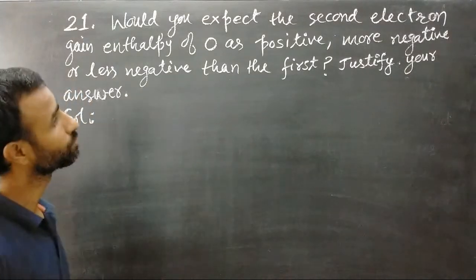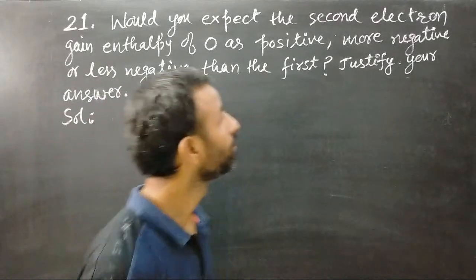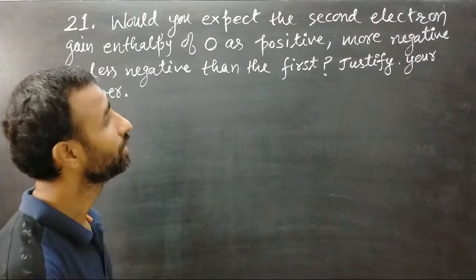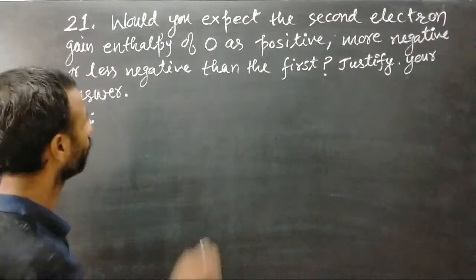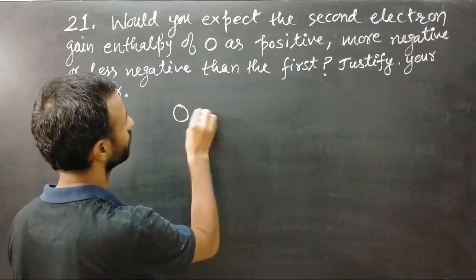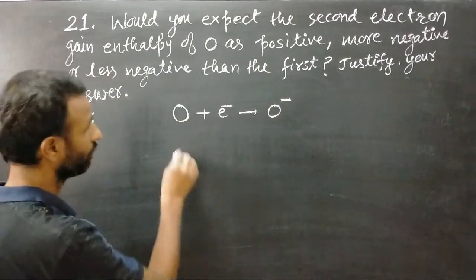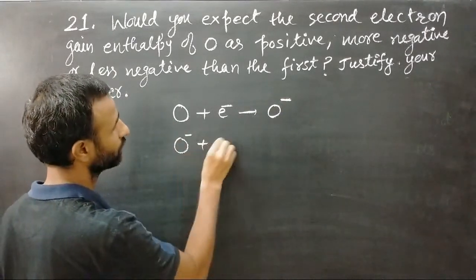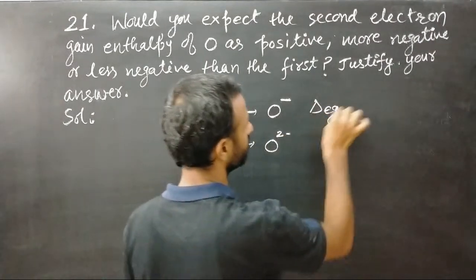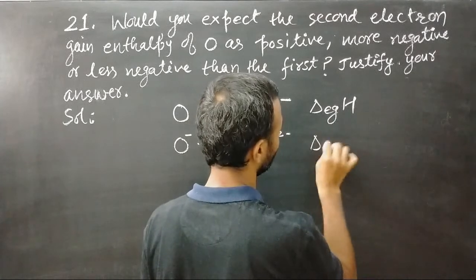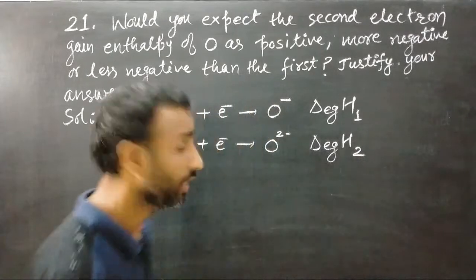So, would you expect the second electron gain enthalpy of oxygen as positive, more negative, or less negative than the first? Justify your answer. In the first case, when an electron is added, it becomes O negative, and when a second electron is added, it becomes O2 negative. So this is the first electron gain enthalpy, and this one is the second electron gain enthalpy.